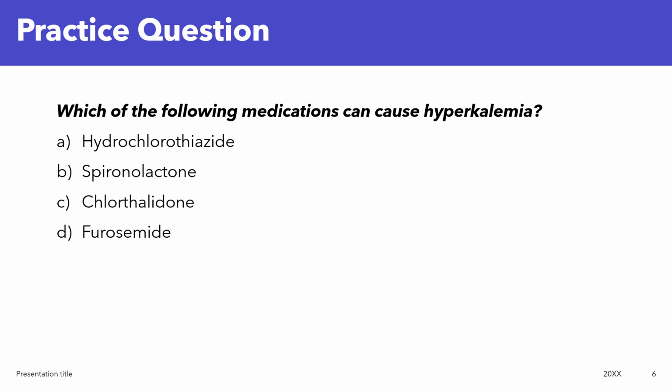C, chlorthalidone is also a thiazide diuretic, and again, thiazides cause hypokalemia. D, furosemide is a loop diuretic. Loop diuretics are known to cause hypokalemia. So that makes the correct answer B, spironolactone, which is a potassium-sparing diuretic and can cause hyperkalemia.